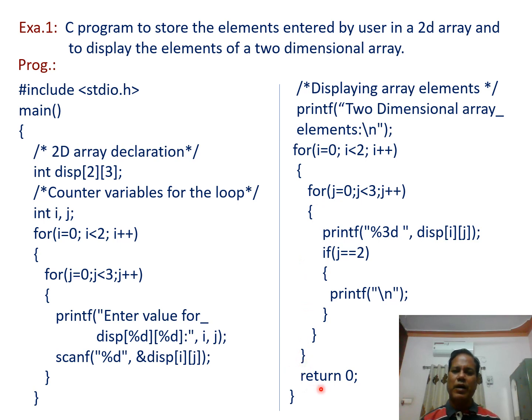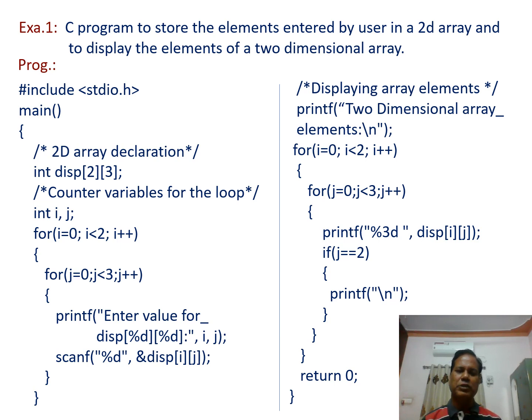Then the statement return 0 tells the operating system that the program executed properly. In this way we discussed how the elements of a two-dimensional array can be taken in and stored, and in a similar way those elements can be displayed in tabular form.